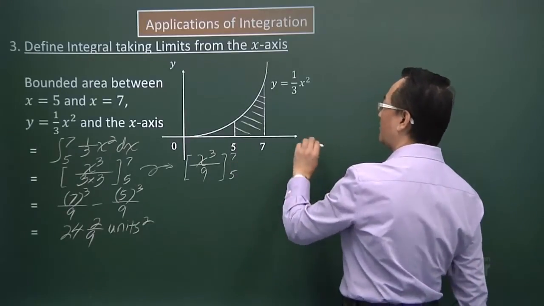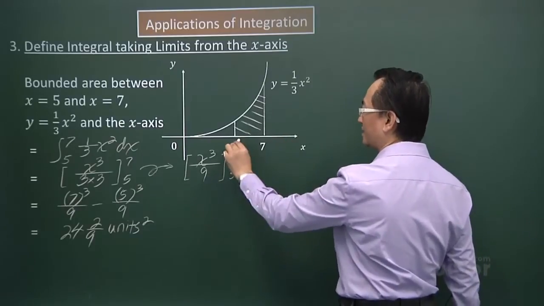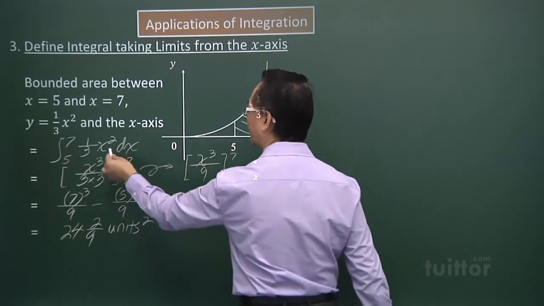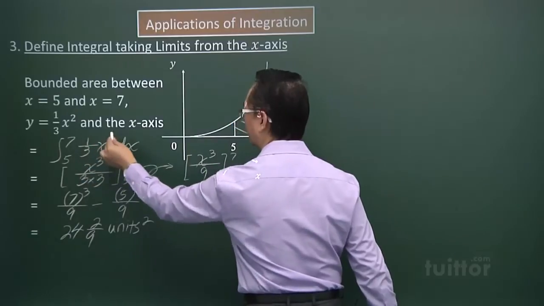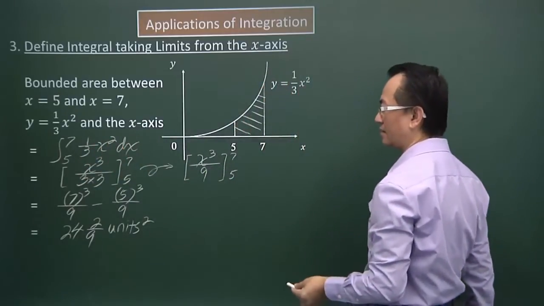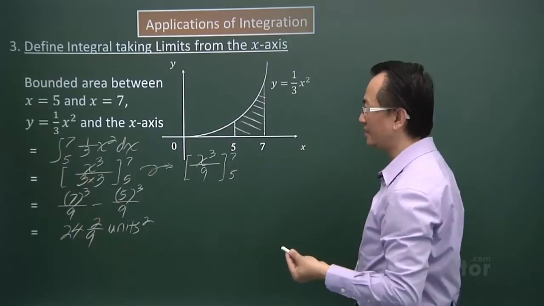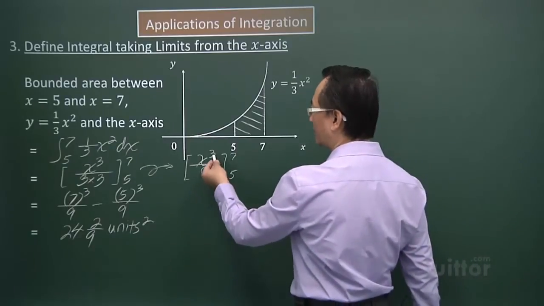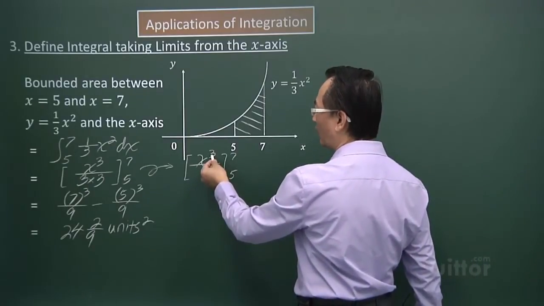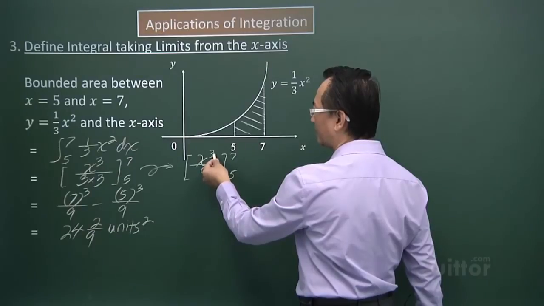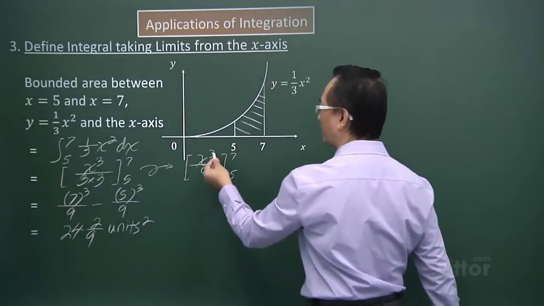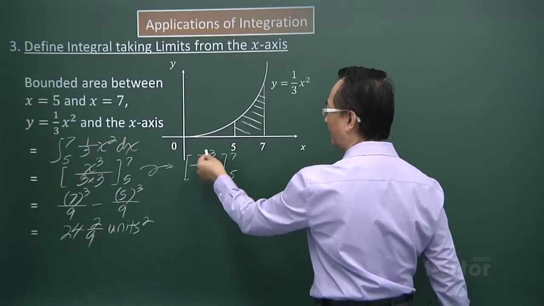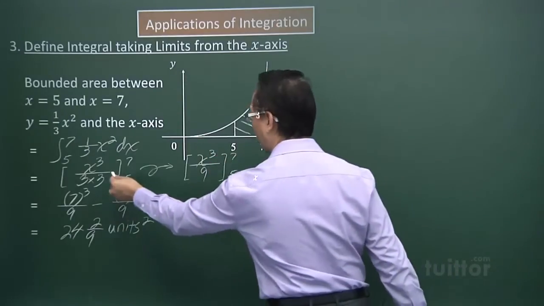if you are taking limits from the x-axis, then we'll integrate the expression of the function with respect to x. So the integration is to increase the index by 1. In this case, from 2 it became 3, and that 3, the index, will become the divisor.